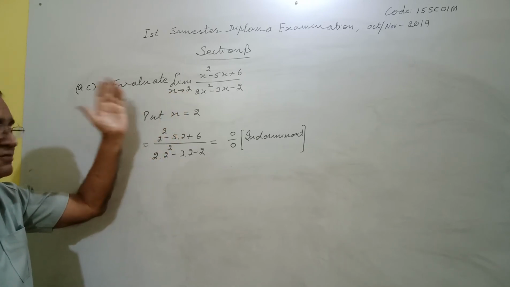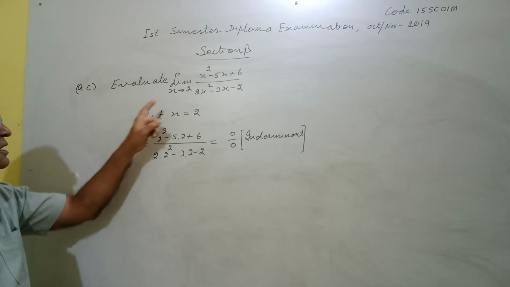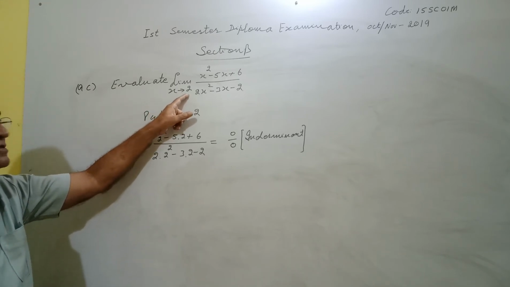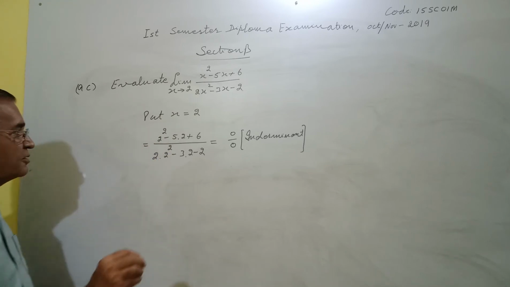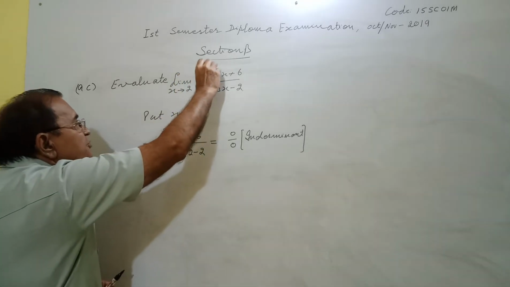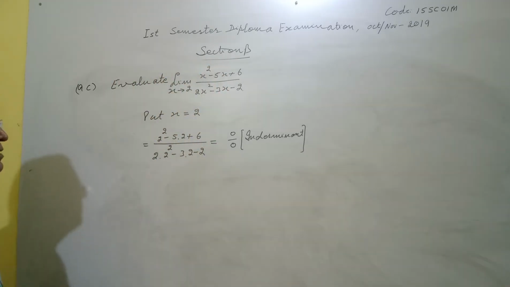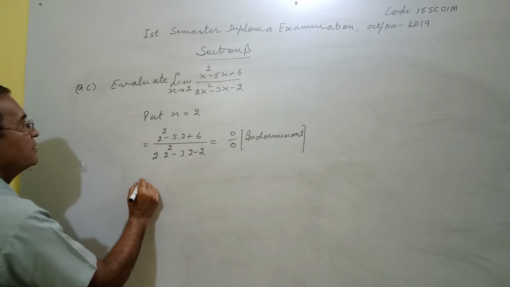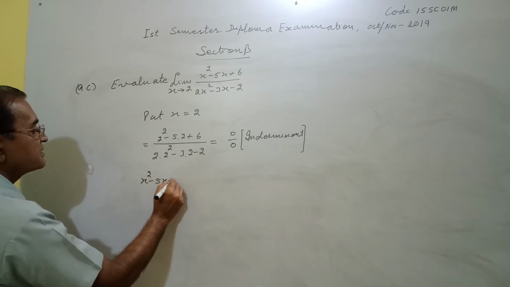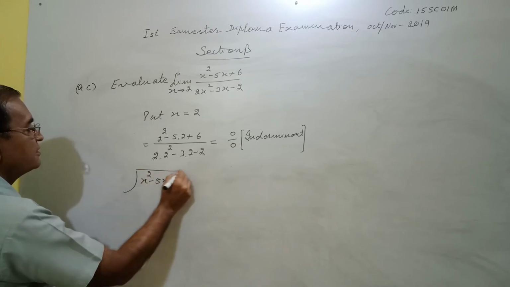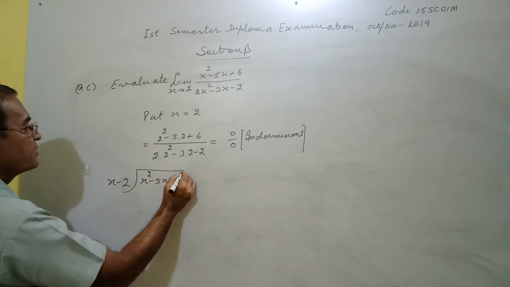In this case, the limit approaches is not infinity. Transpose this 2 to the left, we will get x minus 2. So definitely with x minus 2 the numerator is divisible as well as the denominator is divisible. So divide it, that is x square minus 5x plus 6 divided by x minus 2.